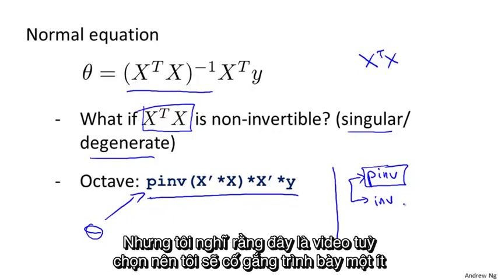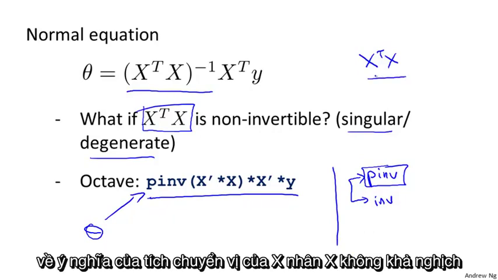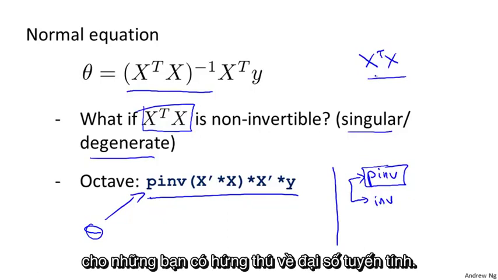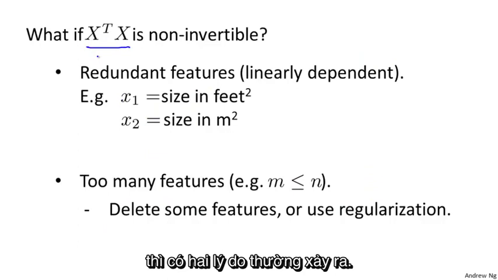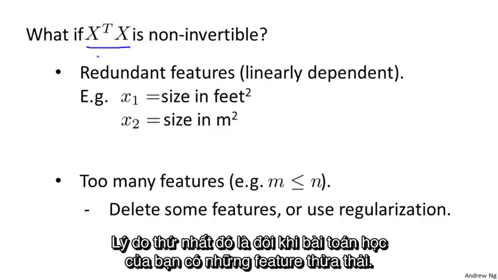But I thought in this optional video, I'll try to give you a little bit of intuition about what it means for X transpose X to be non-invertible, for those of you that know a bit more linear algebra and might be interested. I'm not going to prove this mathematically, but if X transpose X is non-invertible, there are usually two most common causes for this. The first cause is if somehow in your learning problem you have redundant features.